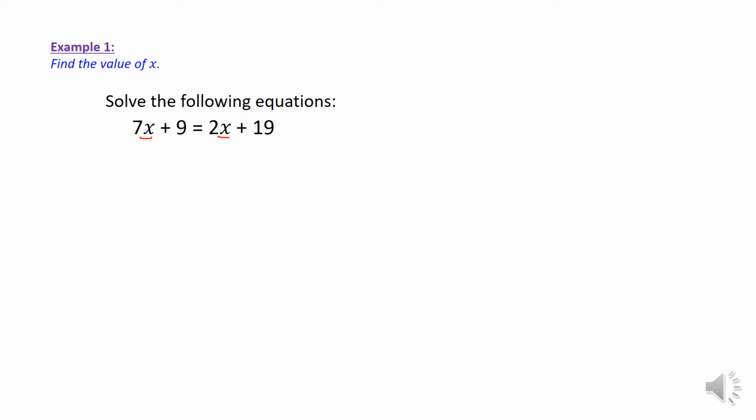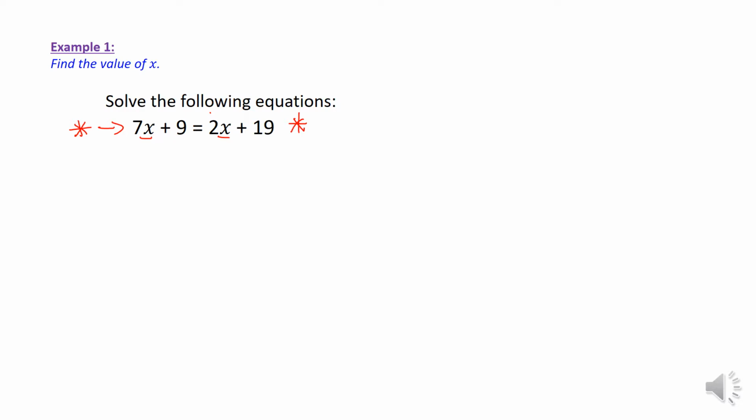On the left hand side, we have 7 x's. On the right hand side, we have 2 x's. So which side has the least amount of x's? Hopefully you'll be able to identify that it is the right hand side.